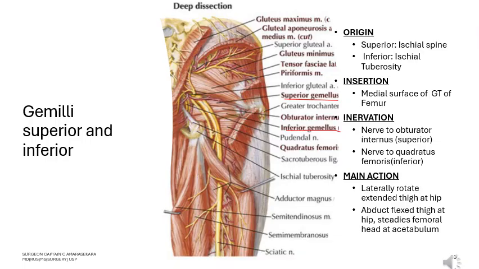From a radiotherapy perspective, these muscles are part of the deep gluteal compartment, and their anatomical positioning is crucial when evaluating sciatic nerve pathways, soft tissue masses, or post-surgical reconstruction.